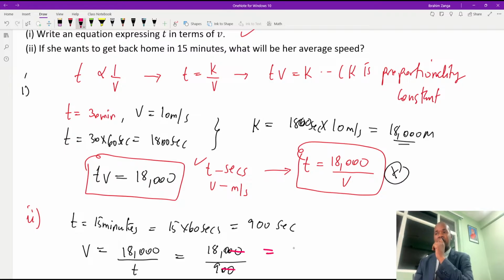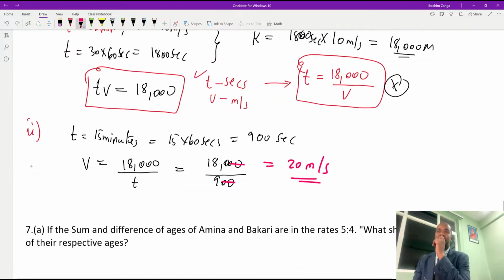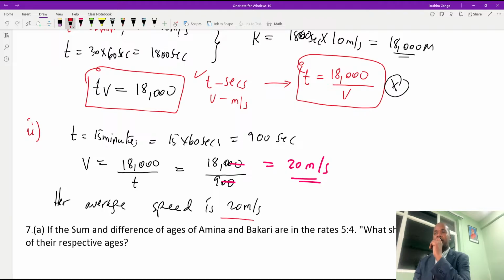You divide, you have 20 meters per second. So we can just conclude that her average speed is 20 meters per second. Okay, so that is the solution for question number 60B.